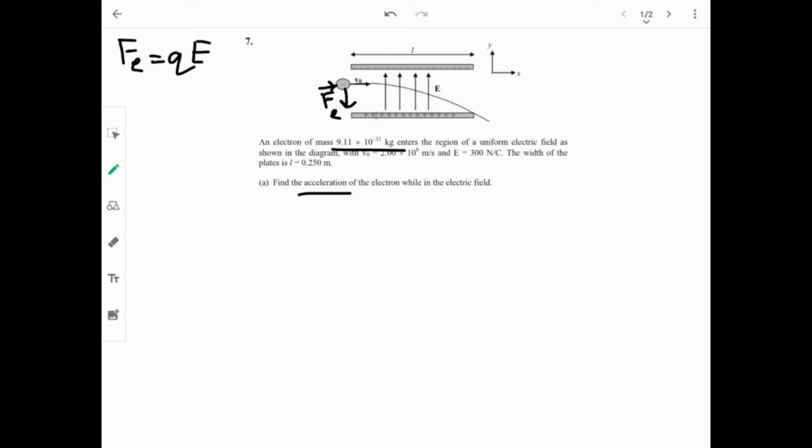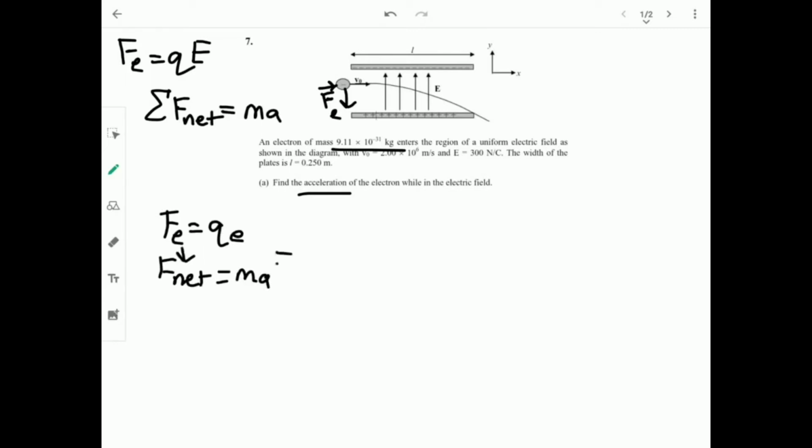So now if anyone remembers Newton's second law, which means sigma F net equals ma, right? So using these two equations, we have Fe equals QE and F net equals ma. We have to equate these two because the electric force is the net force, which gives us QE equals ma, right?